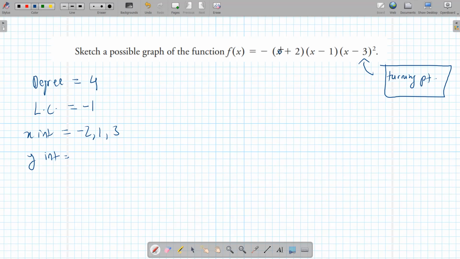So 0 means you can just ignore it. So boom, ignored. Oh, the -1 is relevant, but the x is ignored, and this x is ignored. So we have negative times 2 times -1 times -3 squared. What does this equal? What does it mean if the negative sign is outside of the bracket? Oh, you can just treat that as -1.